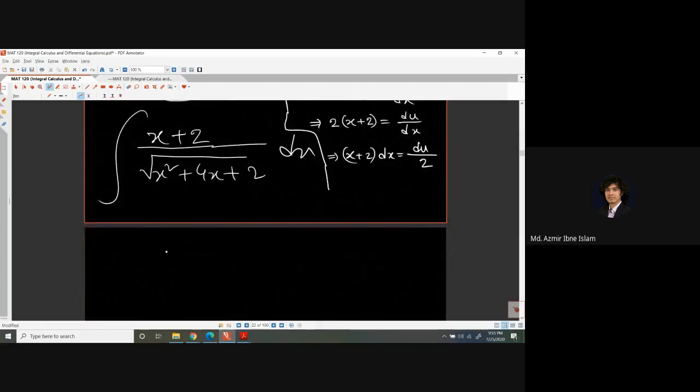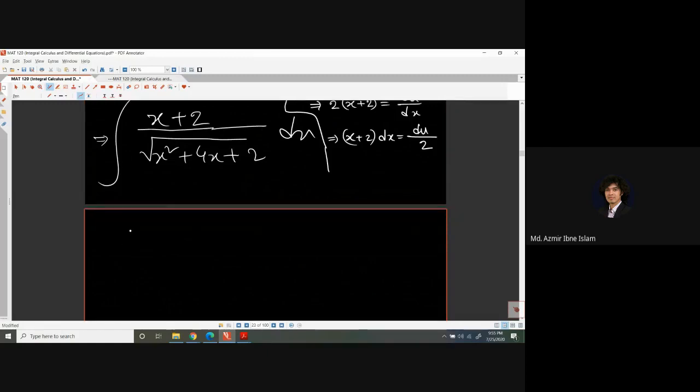So you can see that for this integral we can write it this way: integration of 1 over the square root of x squared plus 4x plus 7 times x plus 2 dx.